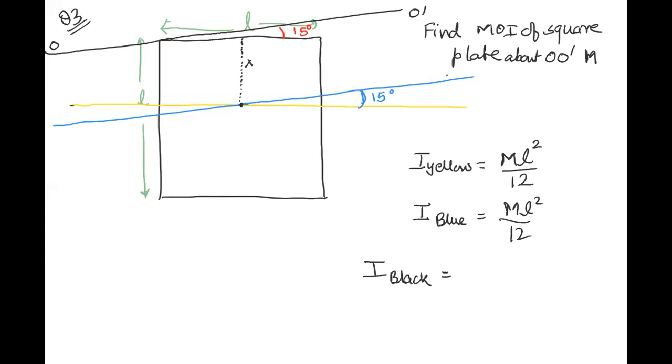How do you find the distance between two parallel lines के बीच में कैसे distance होता है? So all you have to do basically is drop a perpendicular from this guy to this guy. Find this distance. Best part of it is, of course, that this distance is known to us.